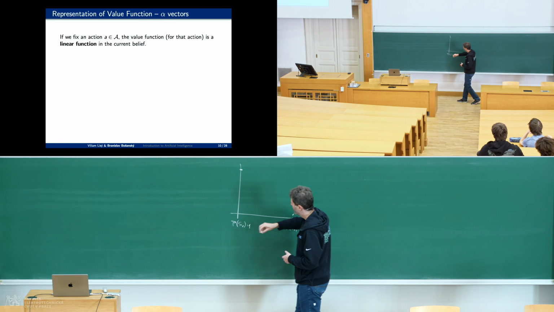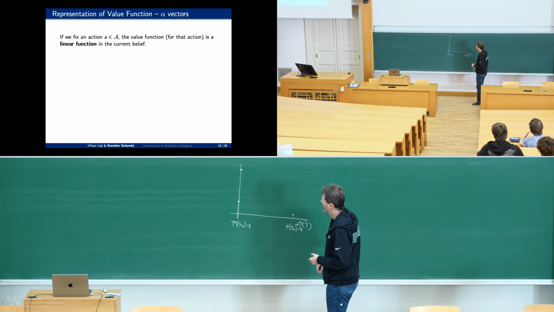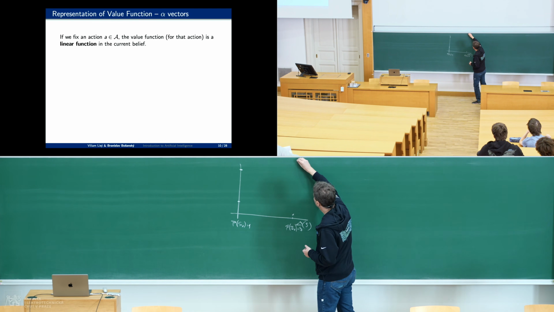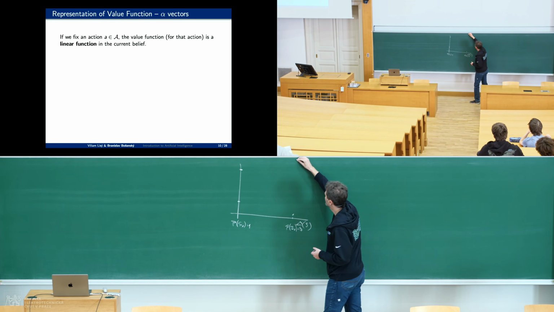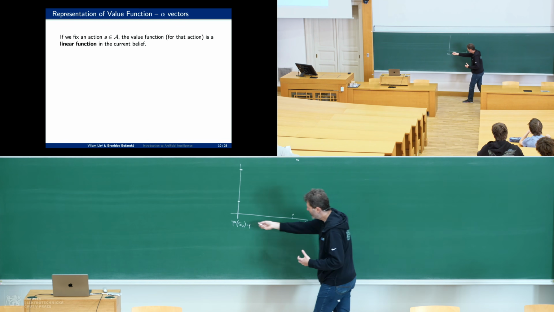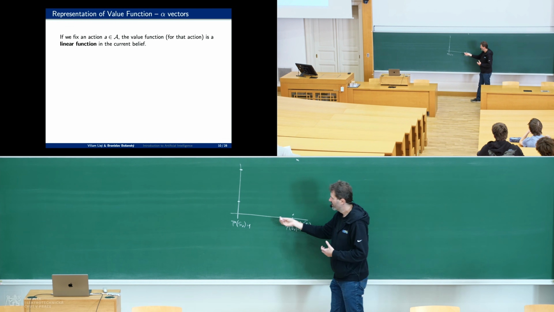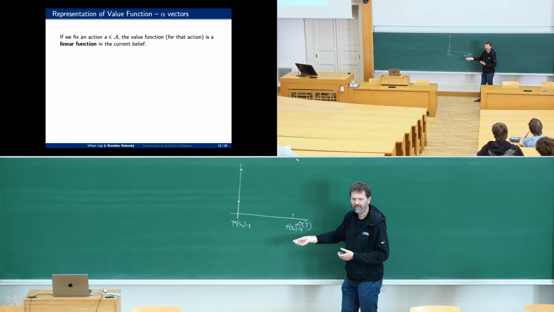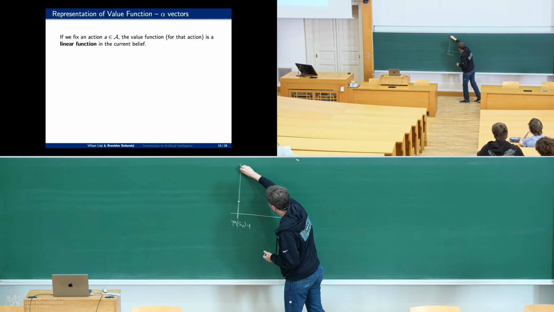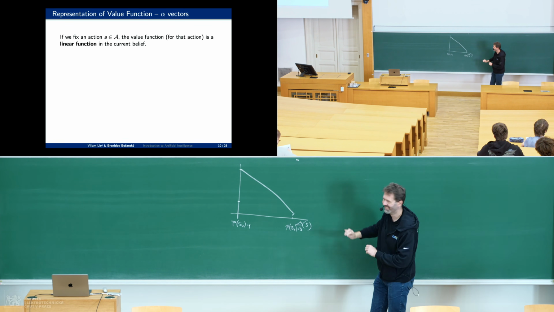Similarly, we can have the move backward reward for this state, and move backward for this state. And when we are changing the belief, the expected reward changes linearly, as a linear combination of these points, because this is a line.